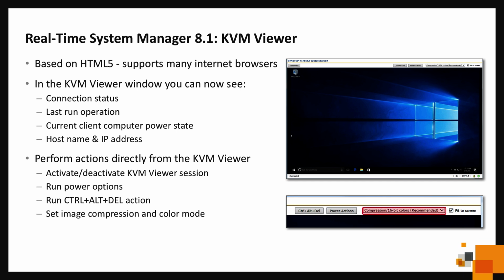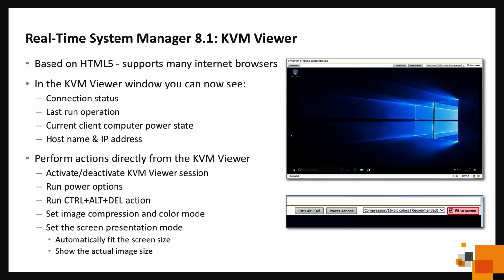Set image compression and color mode. So yes, if you got one of those massive workstations with the 5,000 pixel 4K screens or whatever. Okay, and we could also do fit to screen size and other standard display operations. Okay. All right, so the big thing here is the HTML5. I think if you're a current user of this, this is probably much nicer so you can run it on your Macs and stuff.